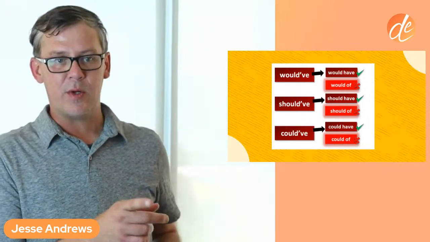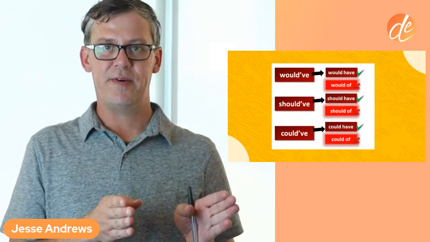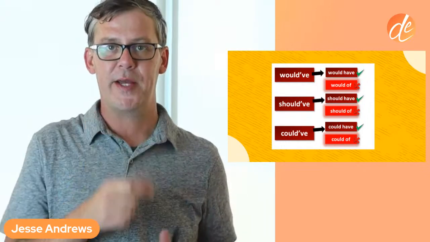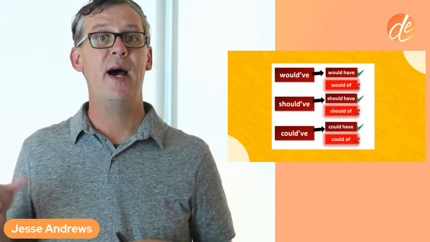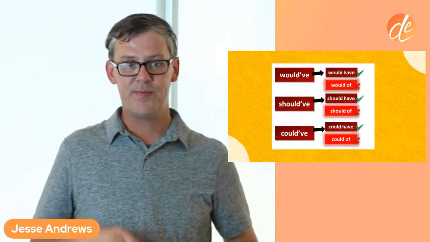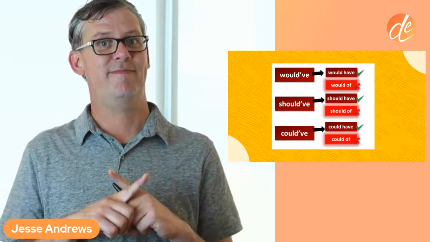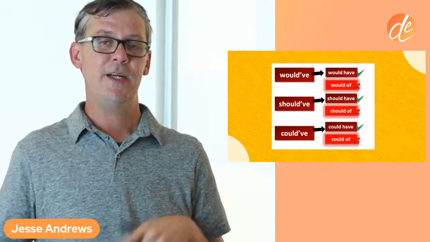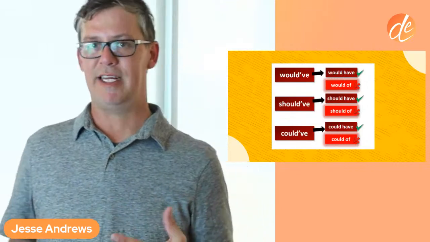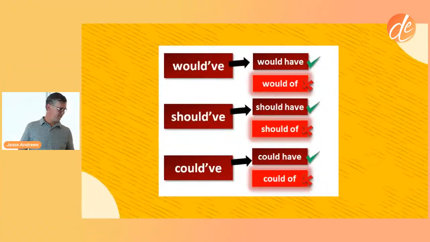Okay, now you're going to notice there in the graphic that it's would've, not would of. So if we notice here, we've got would've, green check mark, would of. That's not correct. All right. So this is more for a spelling and grammar lesson. If we can make that just a little bigger.